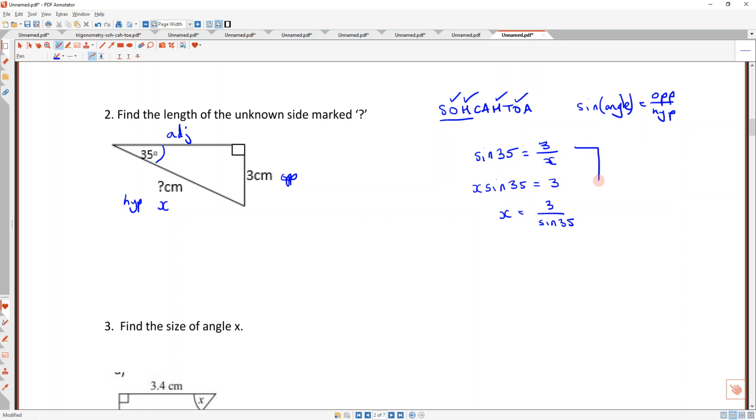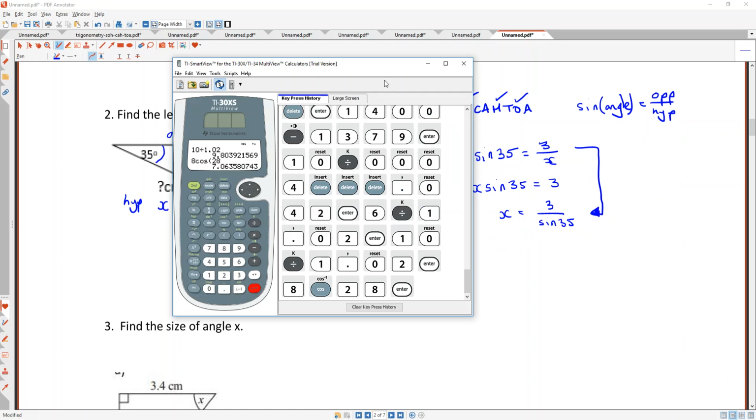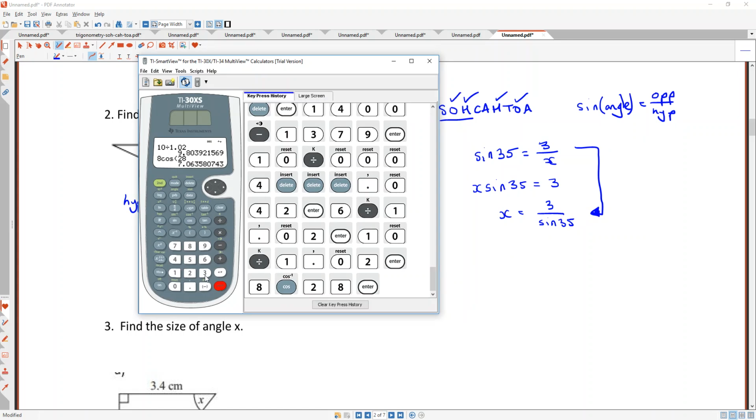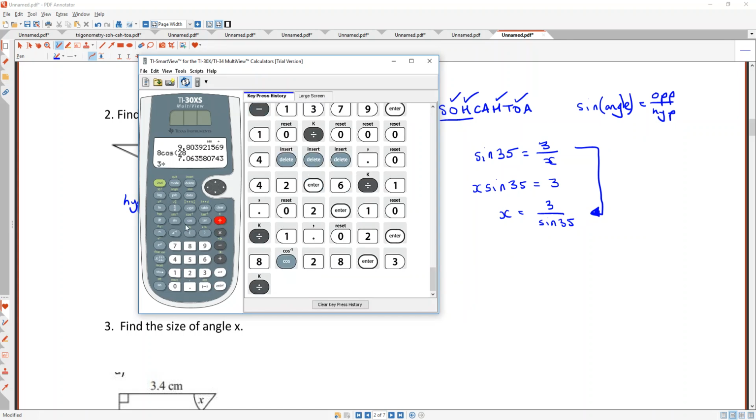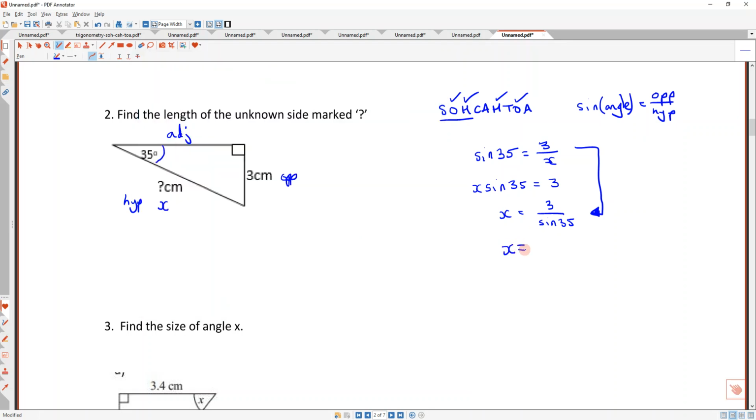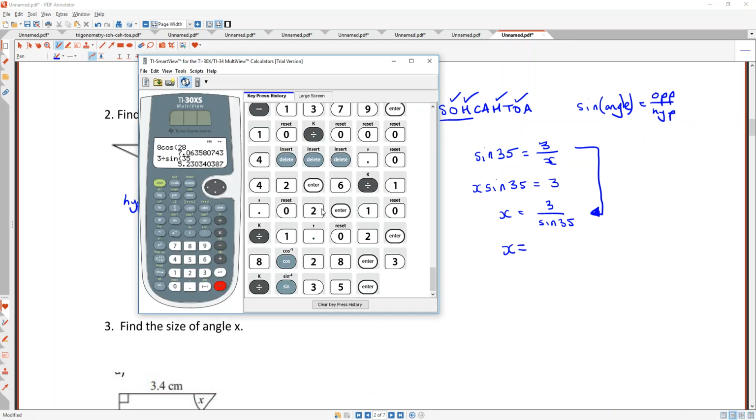So most of you probably went from this line to this line, which is fine. And again, we put it into our calculator. So 3 divided by sine 35, and we get x is equal to 5.23.